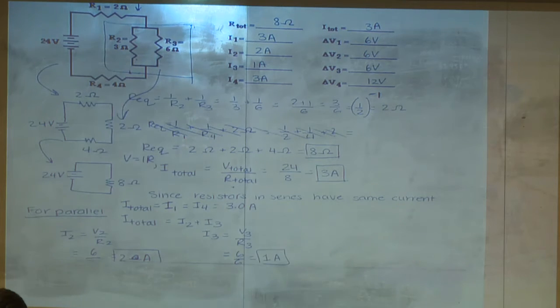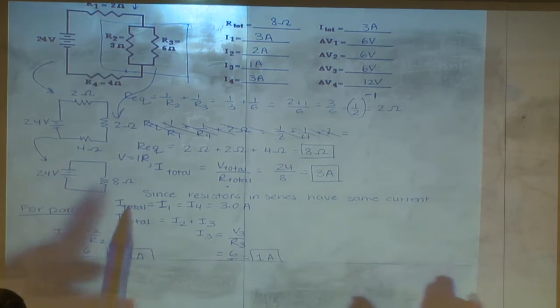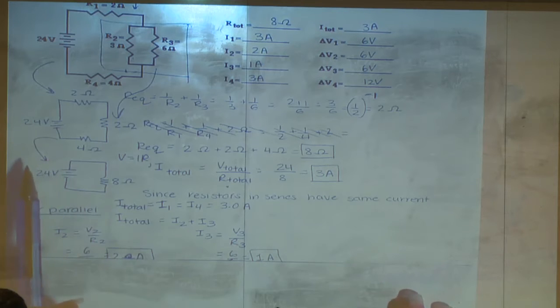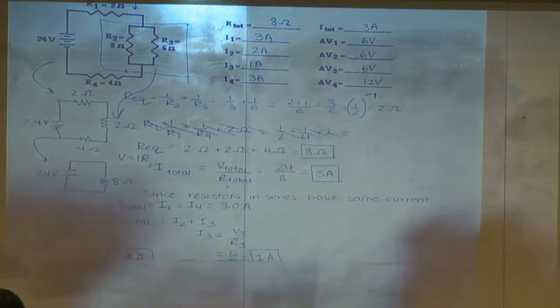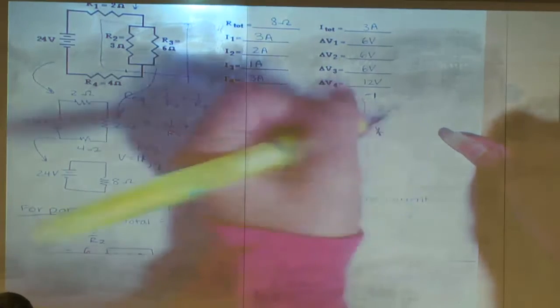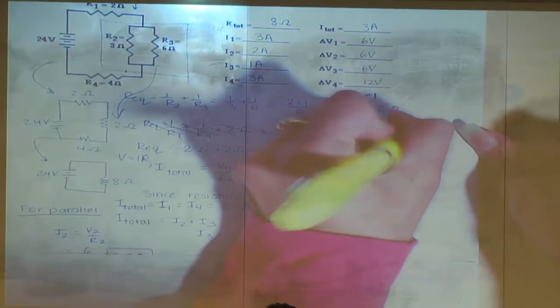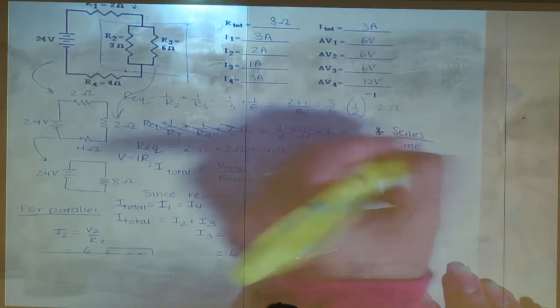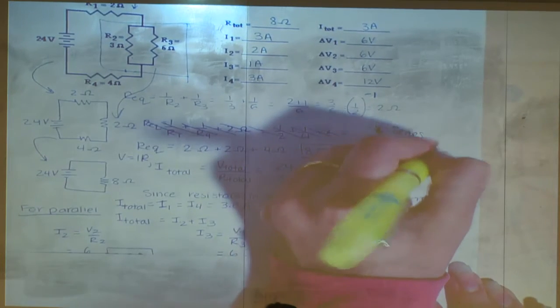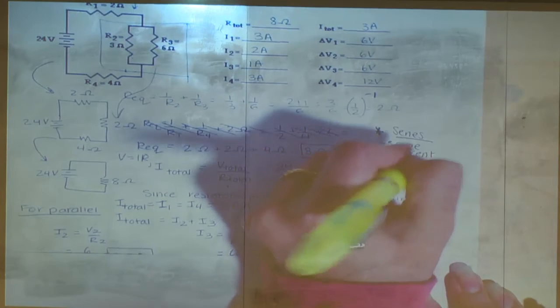That's the hard part. We know that resistors connected in series are going to have the same current passing through them, right? This is important, I recommend you write this down in your notes: resistors in series have the same current passing through them, but different voltage.